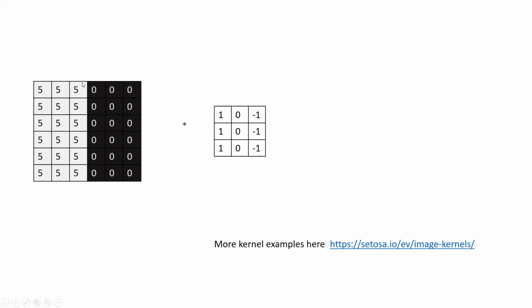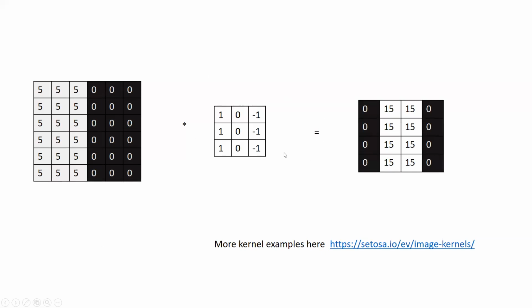So clearly we have an edge here, and using our Sobel filter, we convolve these two together, and we end up with this. And so we know that the values here show that there's clearly an edge in here. And I'll just, so I've actually got this open.